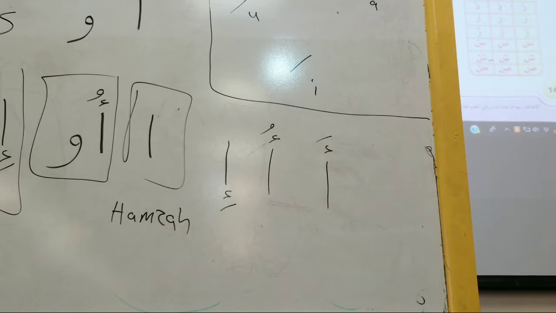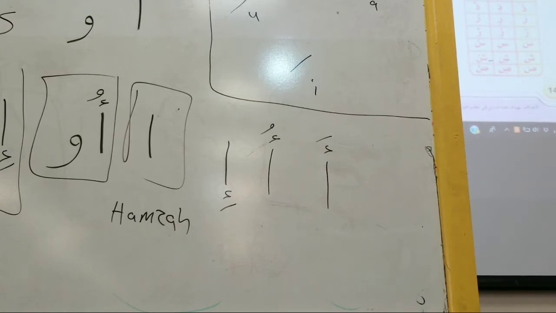So we have three long vowels, right? The alif, the waw, and the ya. Those are the three letters of prolongation.